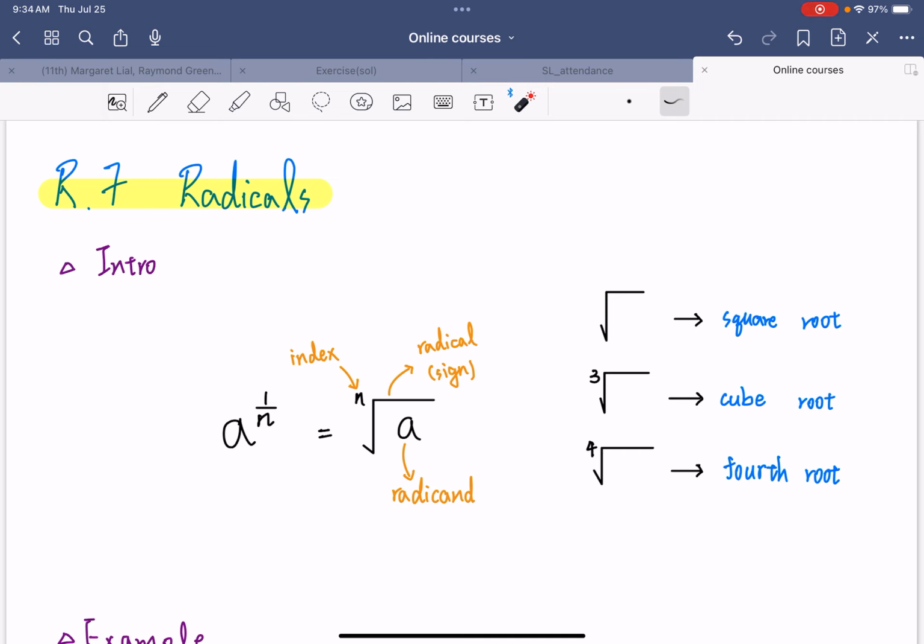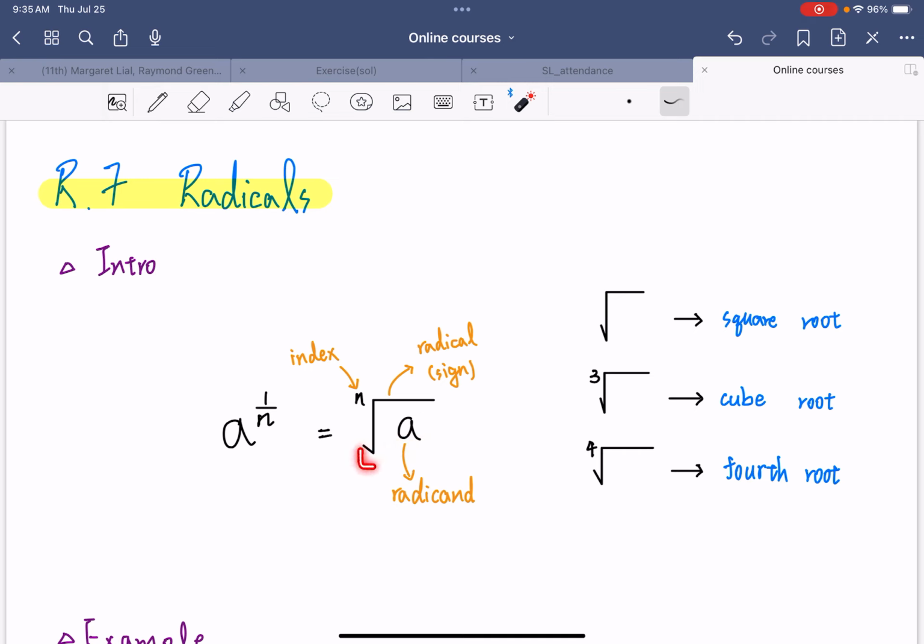So we use this to represent square root, right? In the previous classes. Then actually we can write numbers here that indicate different kinds of radicals. This number here, A, we call the radicand.